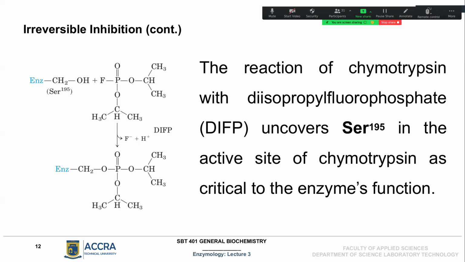So if you have such fluorophosphate, or you have an organophosphorus pesticide that goes to inhibit the activity of acetylcholine esterase, the result is what we refer to as paralysis, because then there will not be that signal for the muscles to be moving, the contraction and relaxation, because such inhibition of that organophosphorus compound on acetylcholine esterase is irreversible.